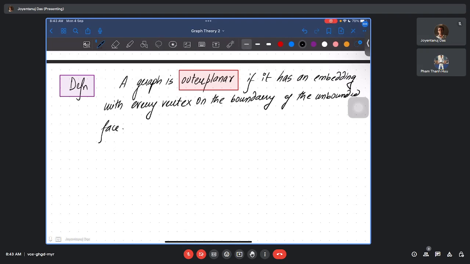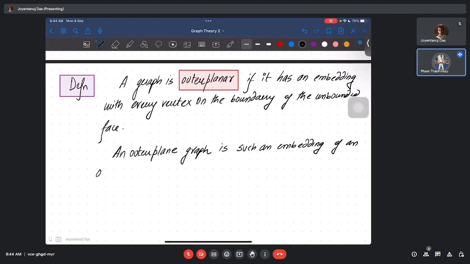An outerplane graph is such an embedding of an outerplanar graph.